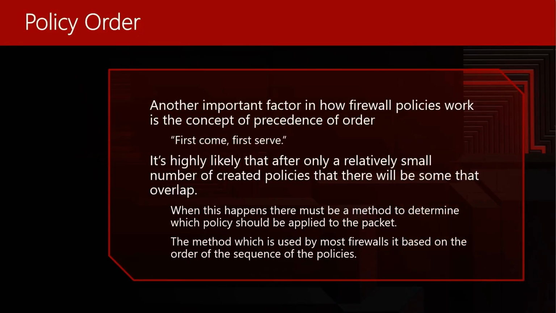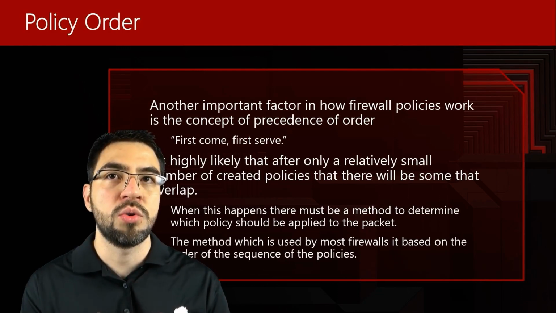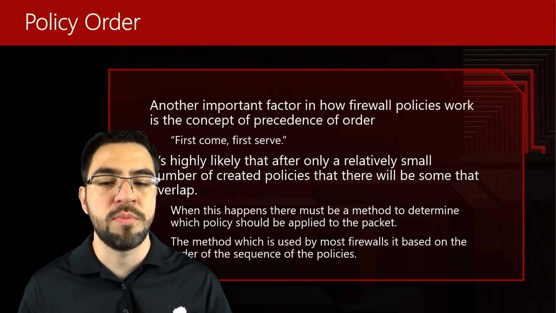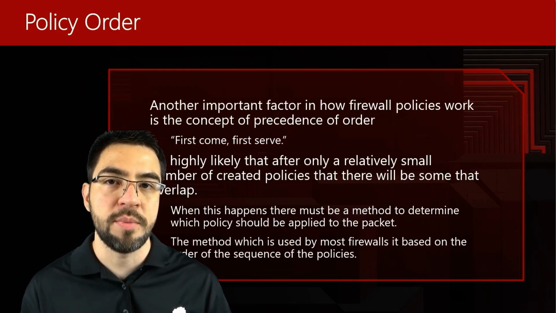The order for the policies is really important, and the firewall is going to release those traffic flows as soon as they match. First come, first served. So we also want to make sure that the firewall doesn't become a bottleneck in our environment.